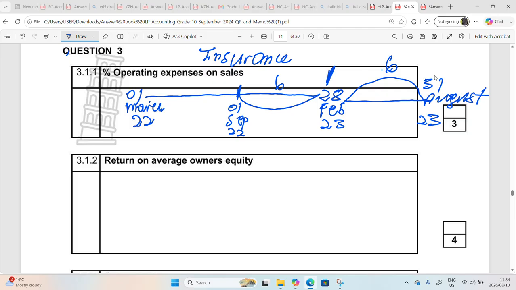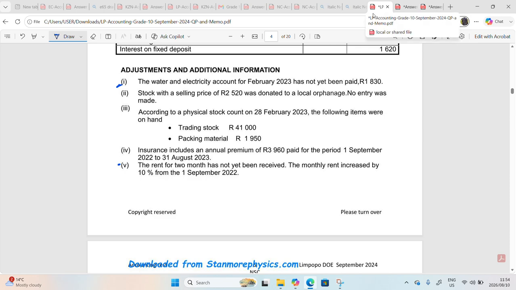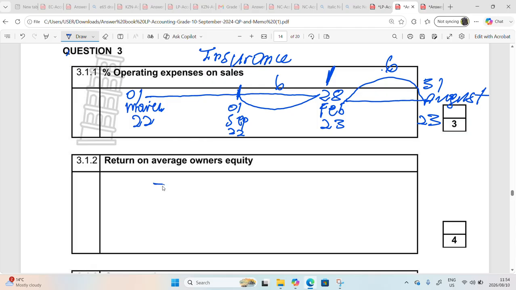Therefore, we need to take it away. But on your side, you are going to take the total amount of that insurance, 3,960, and then you divide by 12 and have your monthly insurance.